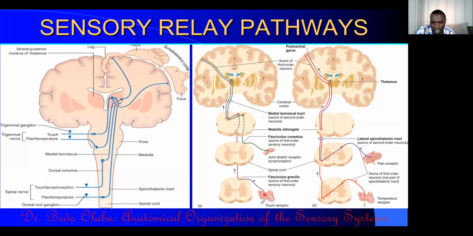So when they're passing through the spinal cord, these are the ones we called yesterday the dorsal column pathway. And we agreed that if they come from the lower parts of the body, then you'll call that fasciculus gracilis. And if they come from the upper part of the body, you call them fasciculus cuneatus. So that is how the general sensations are relayed to the cerebral cortex.